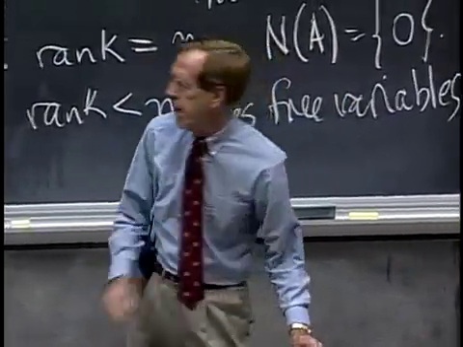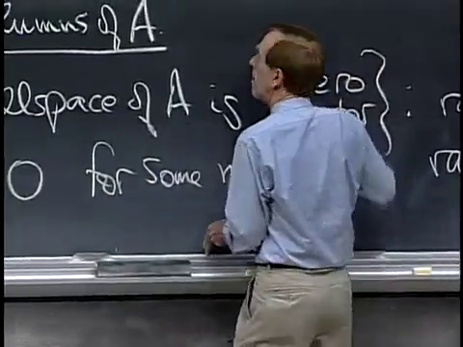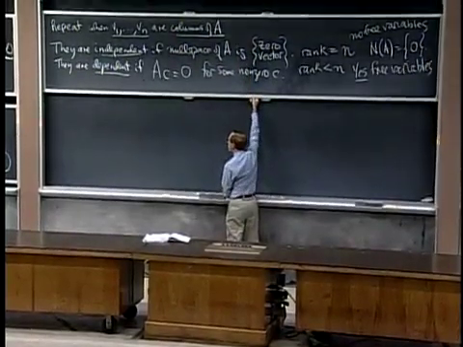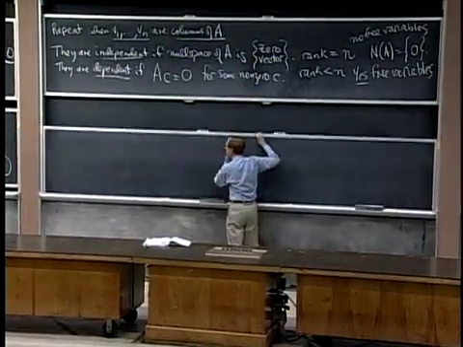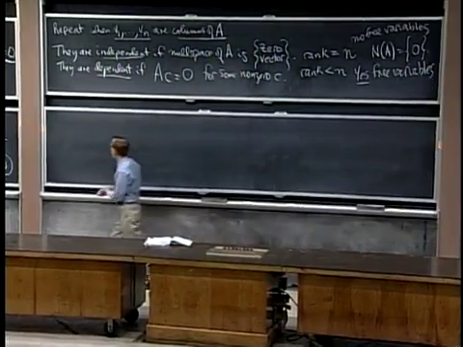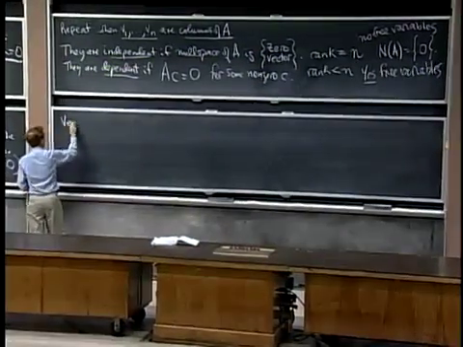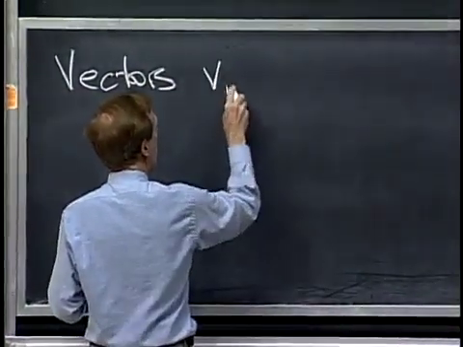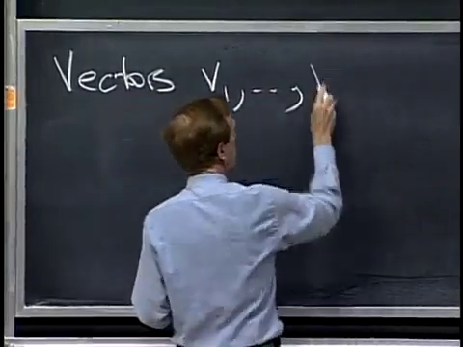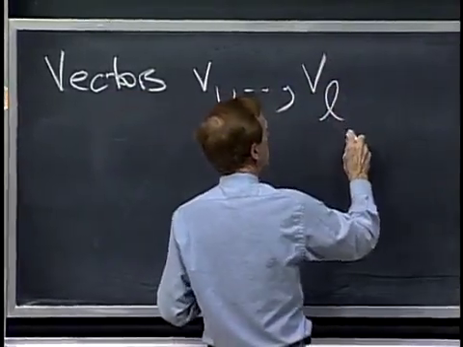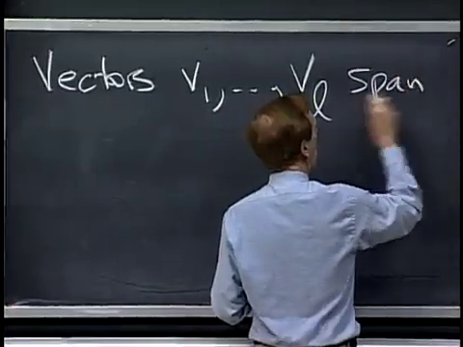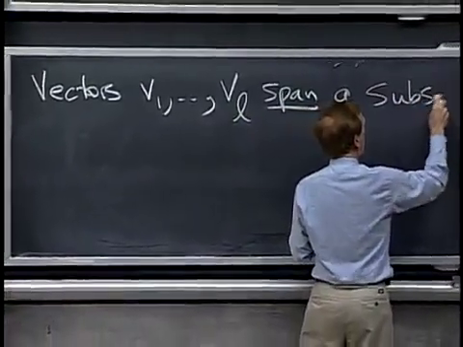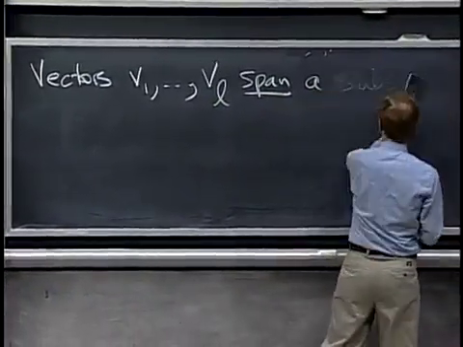So spanning a space means, let me move that important stuff right up. Okay, so vectors, let me call them, say, V1 up to, I'll use some different letters, say VL, span a space, a subspace, or just a vector space, I could say.